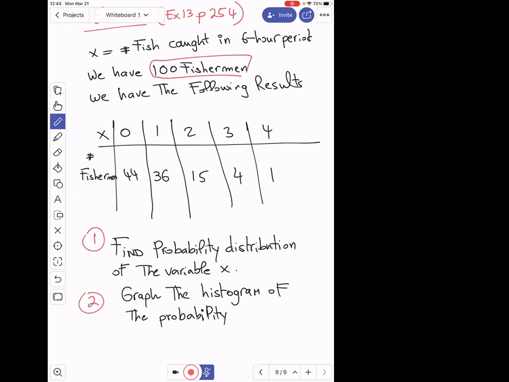Anyway, the point here, guys, is that you understand this notion of probability distribution, right? That this probability distribution is an assignment of a probability for each value of x. Okay.